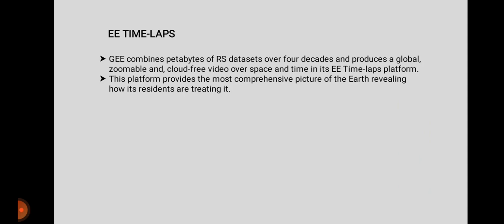From this, we get information about the conditions of the earth, and we can identify, for example, the retreat of glaciers, loss of forests, drying of lakes, and how human activities change the environment and the condition of the earth.